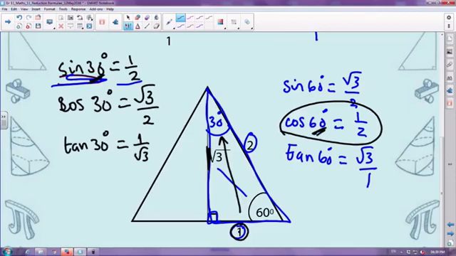So the co-ratios, you see, sine of 30 is sine of 90 degrees minus 60. 90 minus is in the first quadrant, but because of 90, sine will have to change to cos. Now, if you look at your cos of 30, it is equivalent to your sine of 60, and then we get the square root 3 over 2 for both.